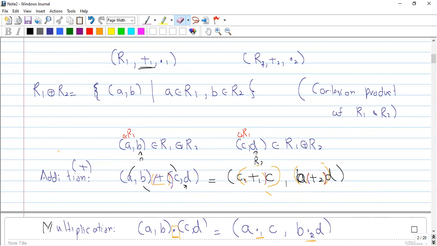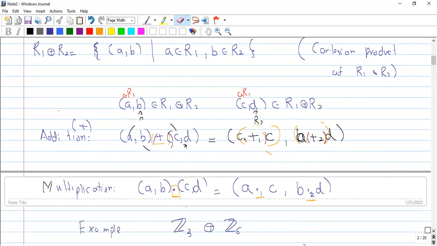Whenever you add and multiply elements, you are adding and multiplying them coordinate-wise, and operations in both coordinates are distributive. In the first coordinate, addition and multiplication is a distributive operation, and also in the second coordinate. So distributivity in both coordinates will imply the distributivity of the whole big operation.